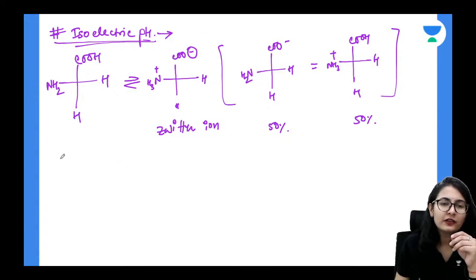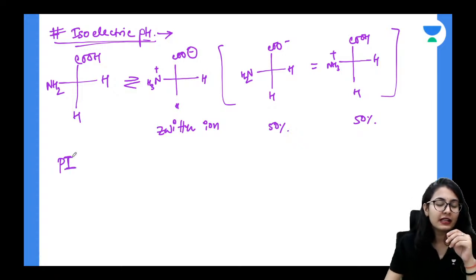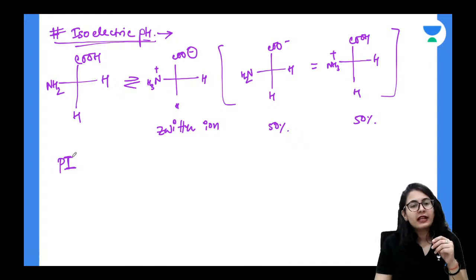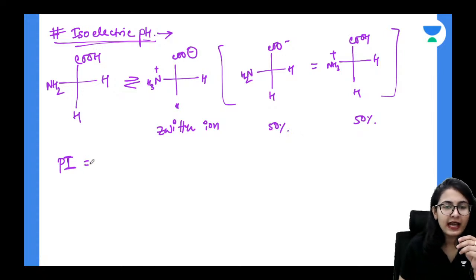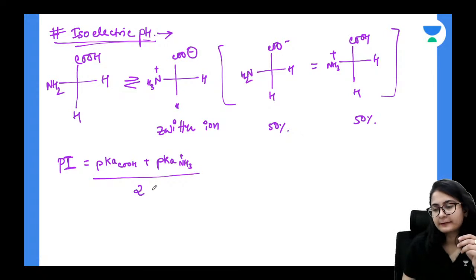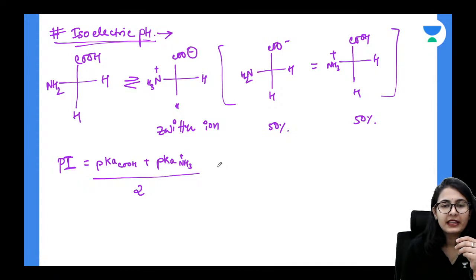How to calculate the isoelectric pH? हम लिखेंगे PI. We are not writing pH, we are writing PI. That is just writing what is isoelectric pH. कैसे मिलेगा? Very simple. Just add the pKa value of your carboxylic acid plus the pKa value of the NH3 plus ammonium acid, divide by 2. ये क्या हो गया guys? ये थोड़ी ना acid होता है.